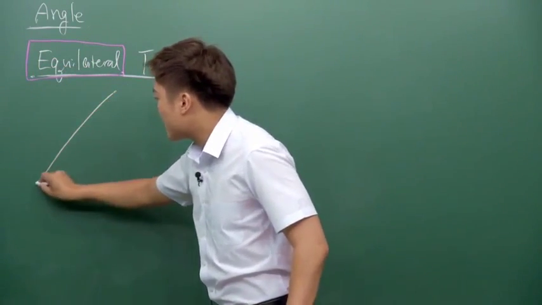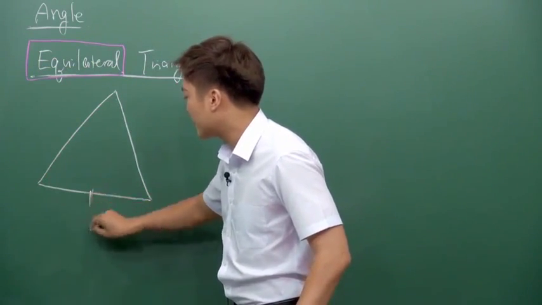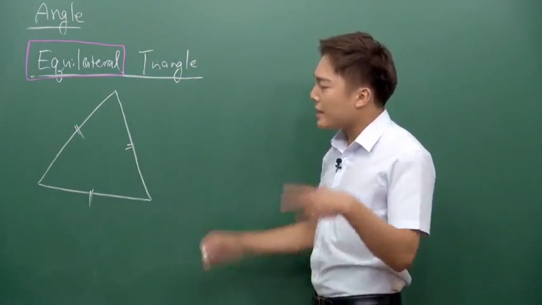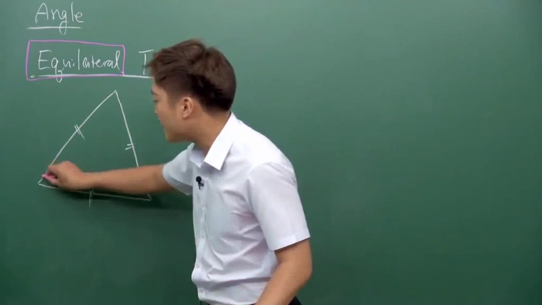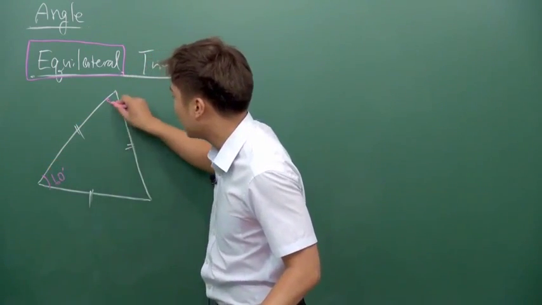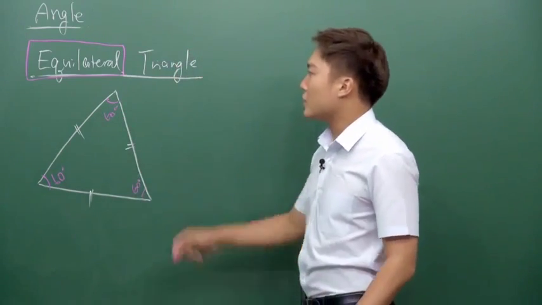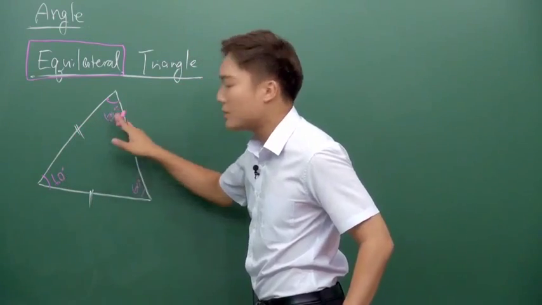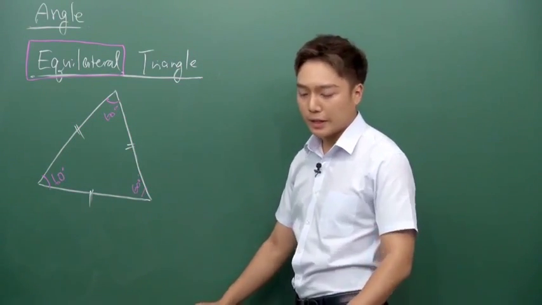This is a triangle that has three sides the same length. Okay? So, in this case, what would one of the angles be? They are going to be 60 degrees, okay? 60 degrees. Okay? So, equilateral triangle, three sides the same, all angles are 60 degrees, okay? That's all you need to remember, all right?